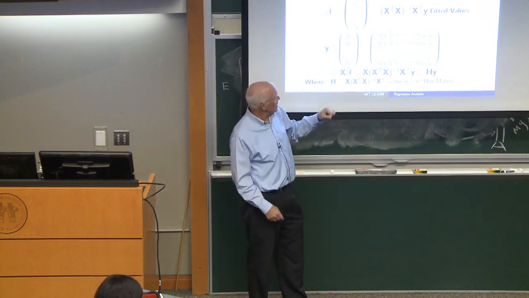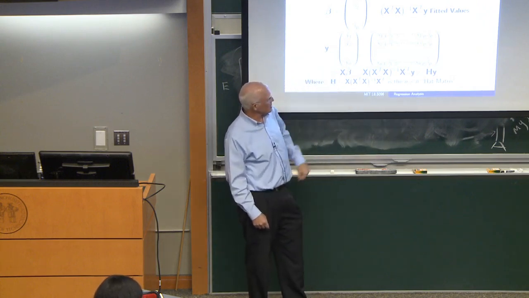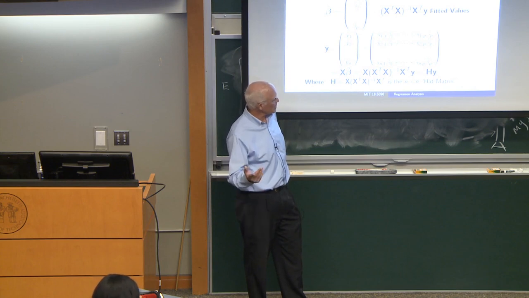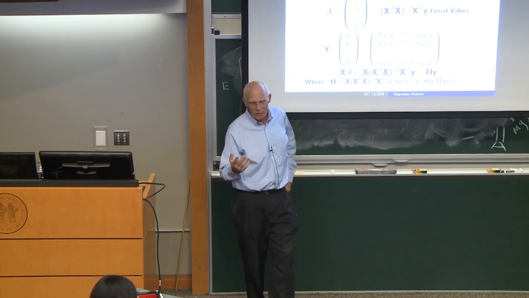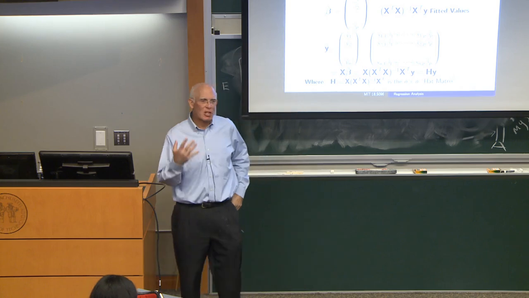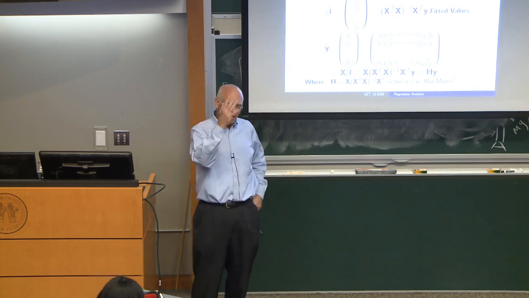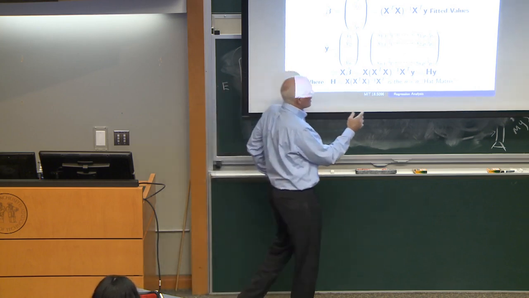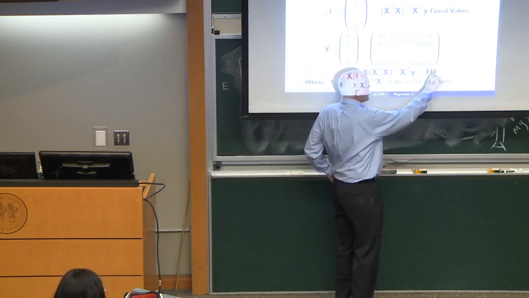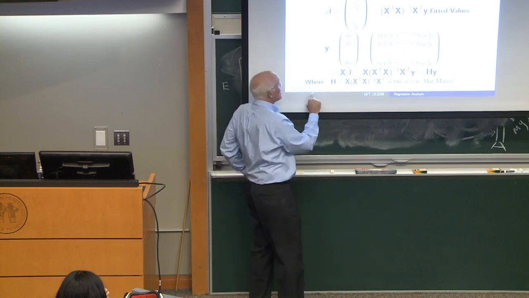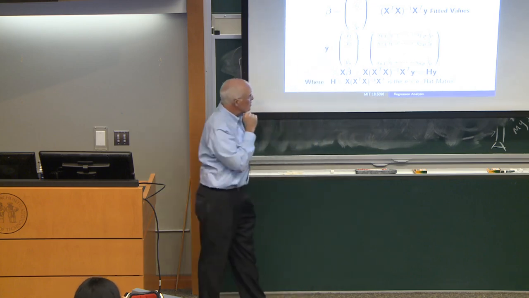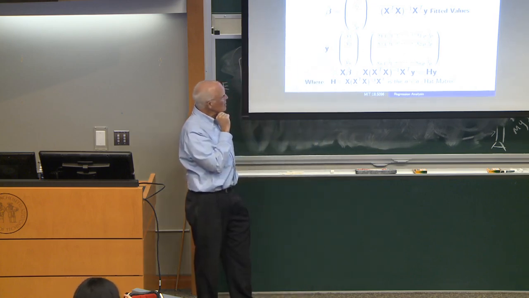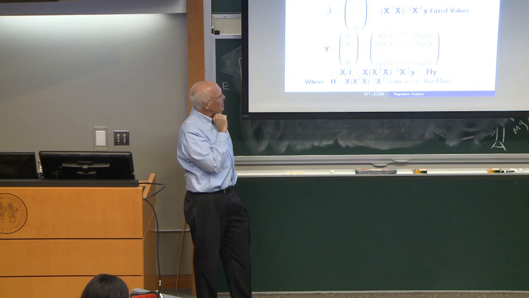Basically, this H matrix, in linear models and statistics, is called the hat matrix. It's basically a projection matrix that takes the vector of values of the response variable into the fitted values. So this hat matrix is quite important.